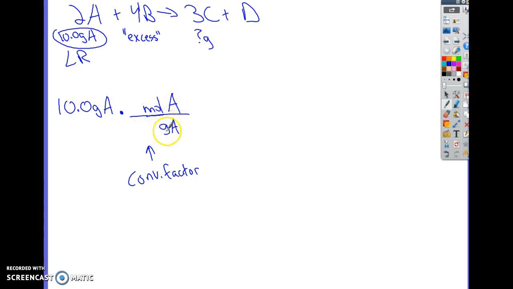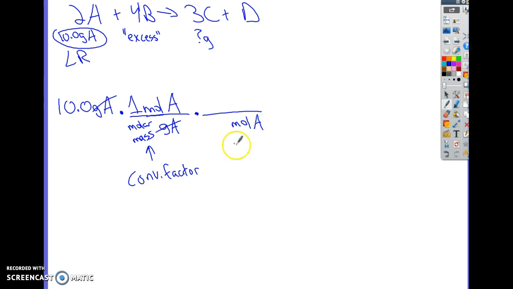So in this case, I'm going from grams of A to moles of A. So whenever I do this, the conversion factor, it's always going to be the number 1 with moles. And to figure out the grams, that is the molar mass. You get that from the periodic table, and that's how many grams are in 1 mole. So grams per mole, so that per mole is telling you a 1 here. Now, grams of A are going to cancel out. What I'm left with is moles of A. So that's going to go on the bottom in the next step.